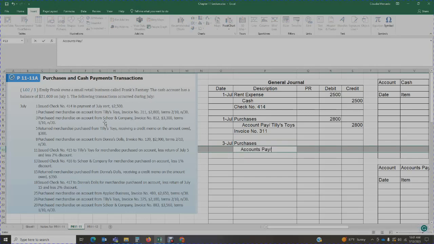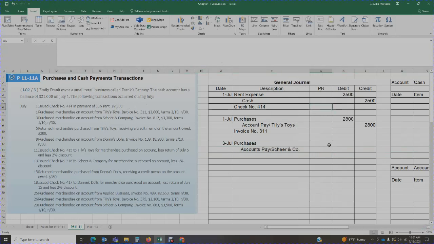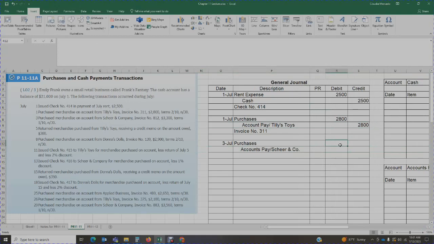But this time it is Shear and Company. Okay. And the amount of my purchase is $3,300. Okay. Remember, when you're doing your transactions, debits go on top, credits follow. Debits must equal credits. Okay. At all times.